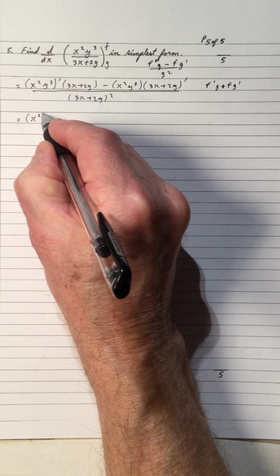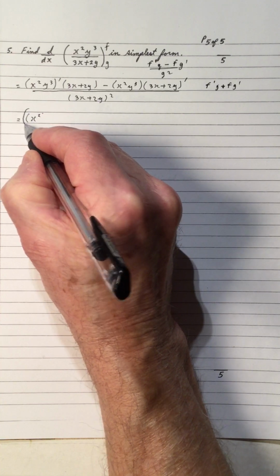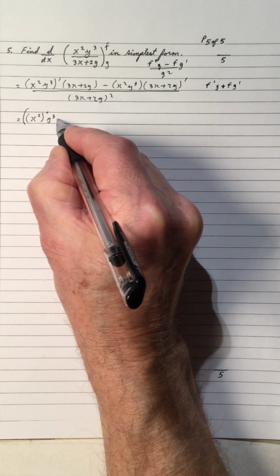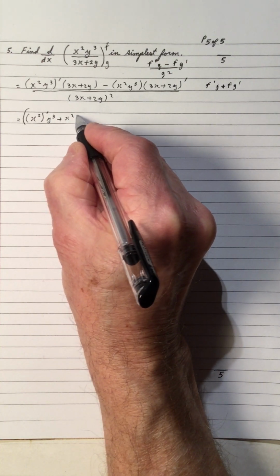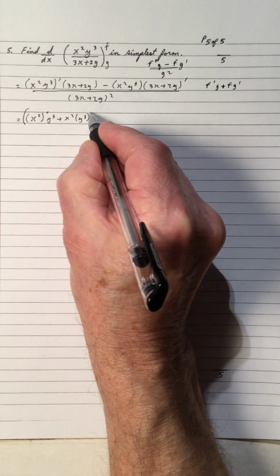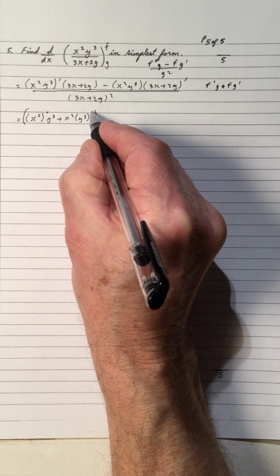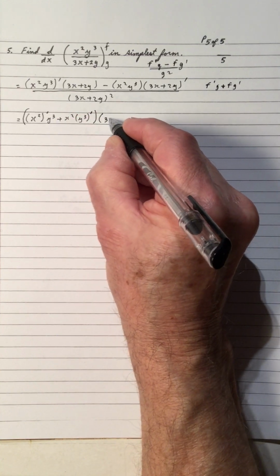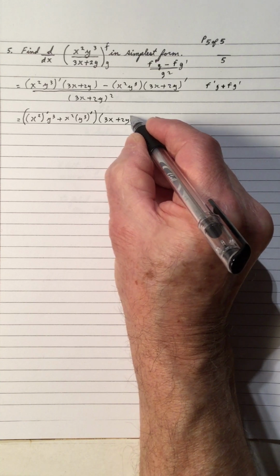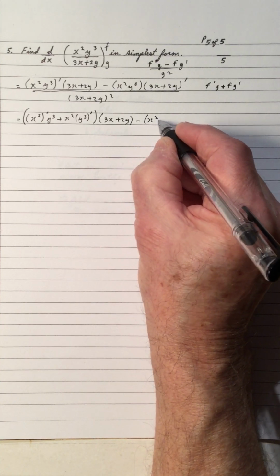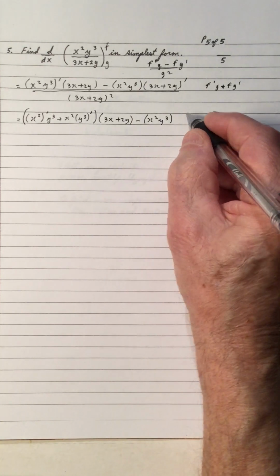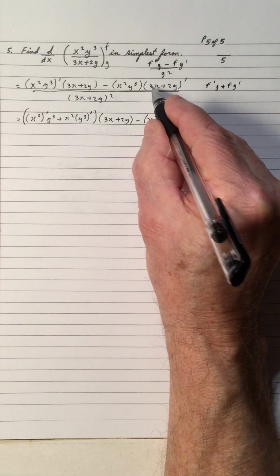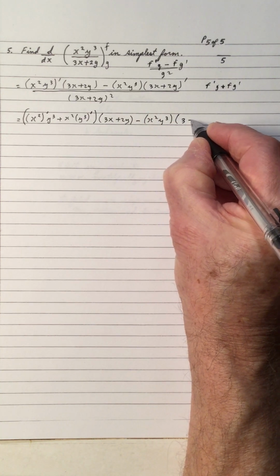So I'm going to do a big bracket like this now. So there's the derivative, and plus x squared y cubed derivative. So that's the derivative that I'm going to do here, times 3x plus 2y, minus, and the derivative of this binomial: derivative of 3x is 3.